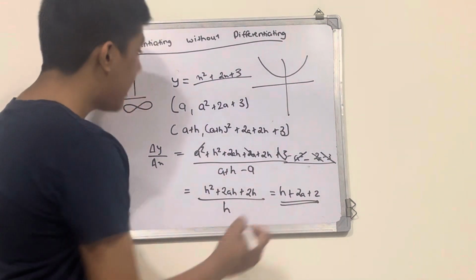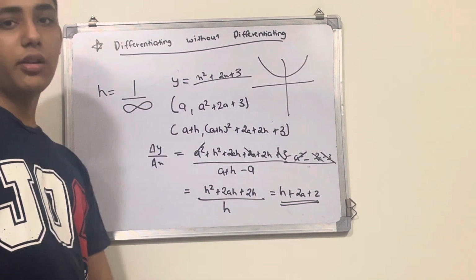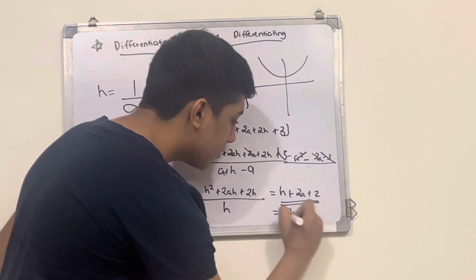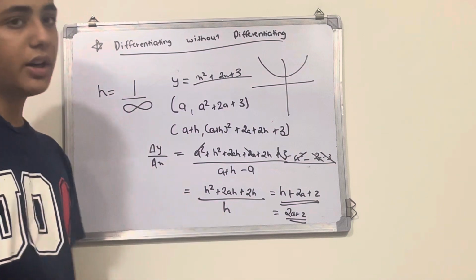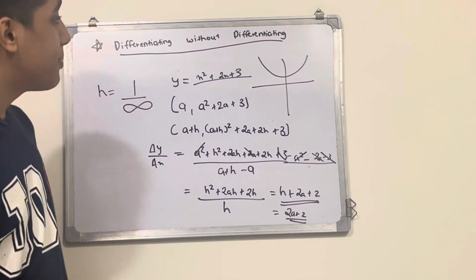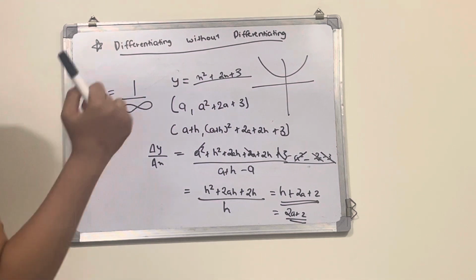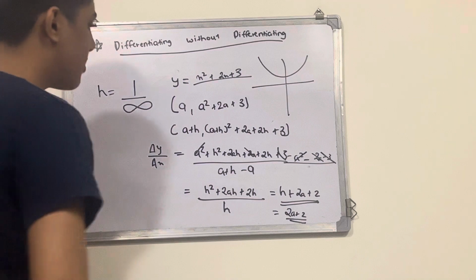Now h, as I said, is 1 over infinity, right? I won't take it. I'll just write this as 2a plus 2, because this value is basically negligible. Like, what is 1 over infinity, right? This actually causes a problem in calculus. There's going to be an upper limit and a lower limit of an error every time you differentiate. But we're not taught that in school, so it's fine.